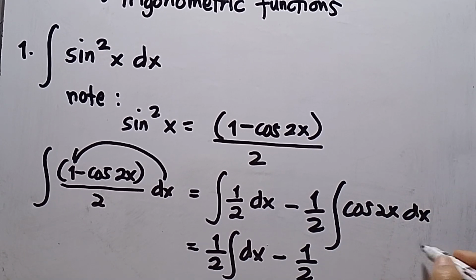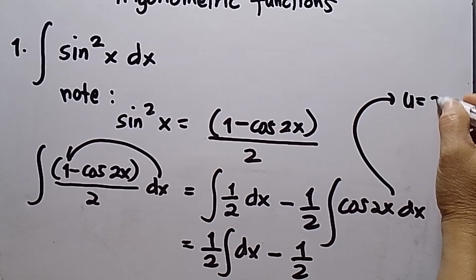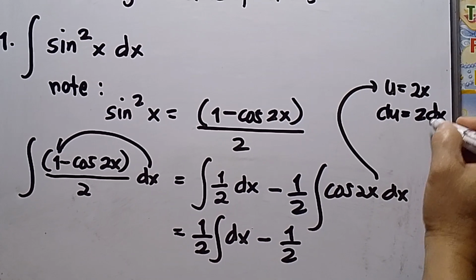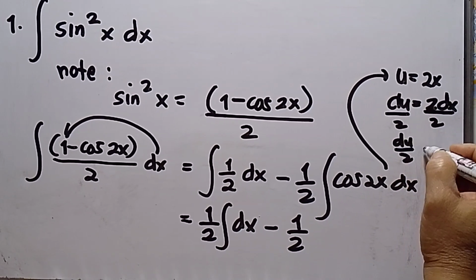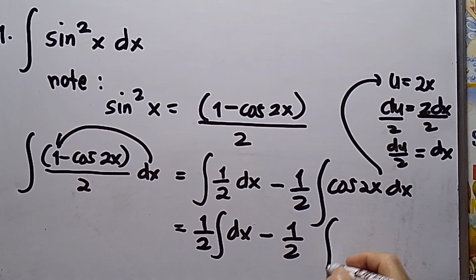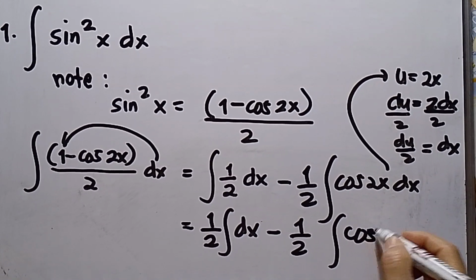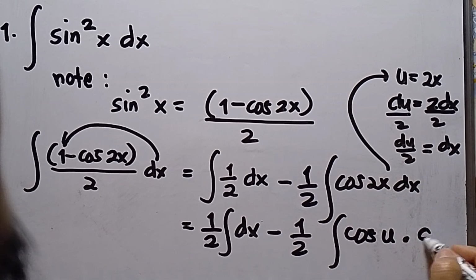Okay? So let u be 2x. du equals 2 dx, divide by 2 on both sides. So you have now du over 2 is equal to dx. So this will be the integral of cosine 2x, which is u, times dx, which is du over 2.